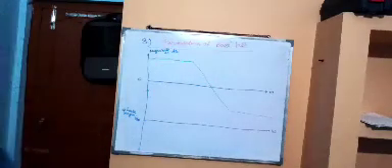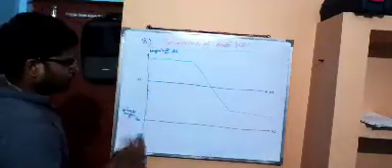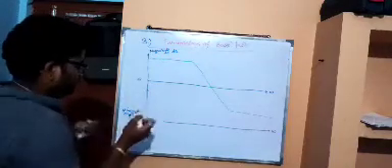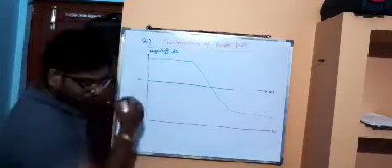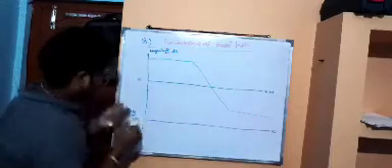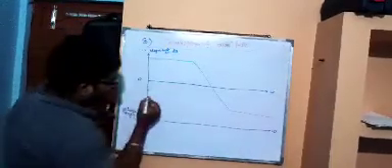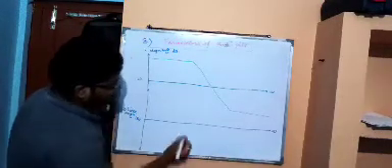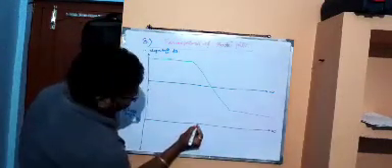So this is the magnitude plot. Okay. Now we have plotted the magnitude plot. Now we have to plot the phase plot. So the phase plot should be like this. Okay.